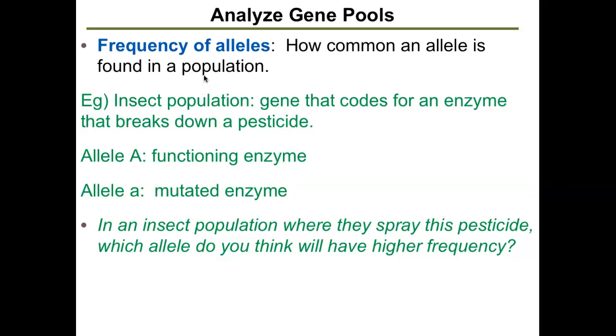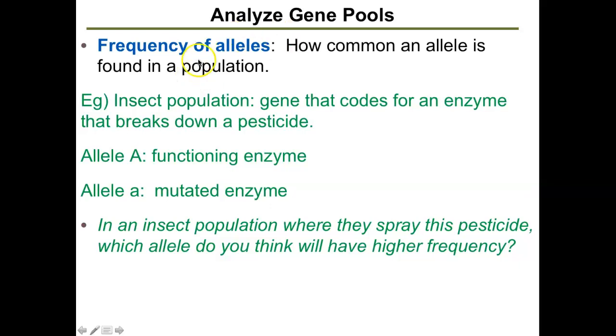How frequently are you going to have the blonde allele show up in the gene pool of Sweden? You're going to have a lot more blonde alleles there than you are in China. China's probably 0 blonde alleles, right? There are no blonde people ever in the history of China, I don't think, unless they dye their hair.